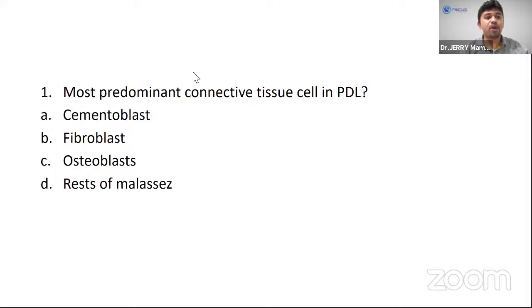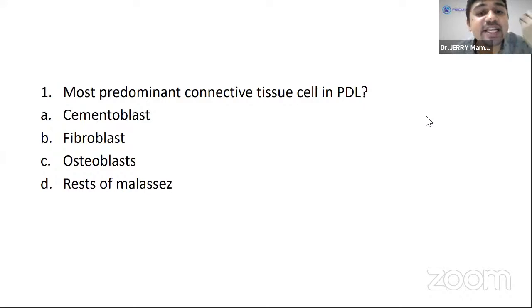Okay, so coming on to the first question. What is the most predominant connective tissue cell in the PDL, that we already studied? Fibroblast. Where is the origin of the cell from? Can anyone tell me where the origin of this fibroblast is from? Very good. Dental follicle. Is it an epithelial origin?